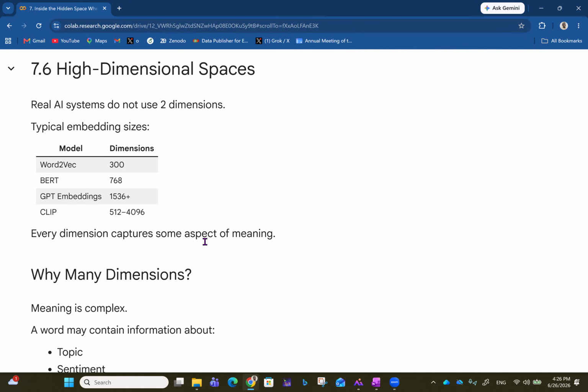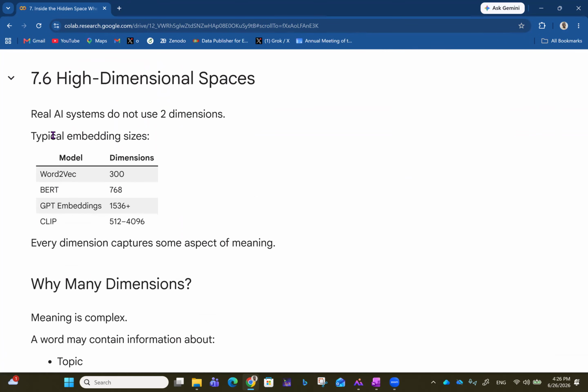So let's talk about high dimensional spaces then. Real AI systems do not use two dimensions. Typical embedding sizes can be quite big. If you have a model like word2vec, that's converting words to vectors, it has 300 dimensions. If you take a cat, now you're looking at different things, so the more details you have, the clearer you can locate it around other objects that are similar.